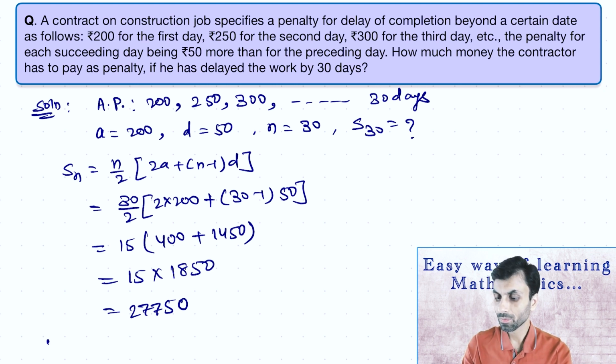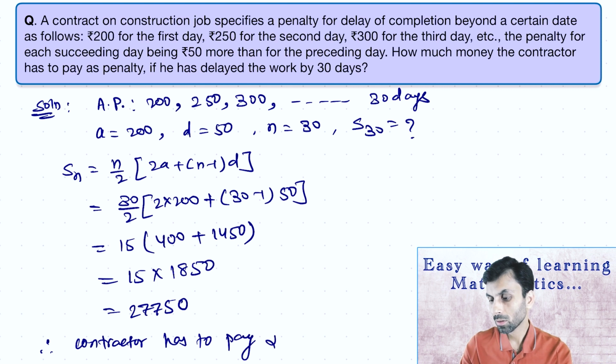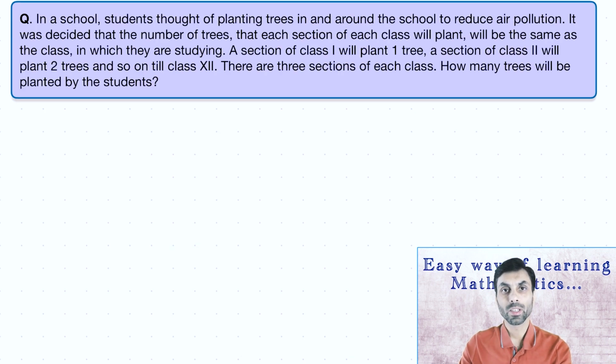Therefore, the contractor has to pay 27,750 rupees.